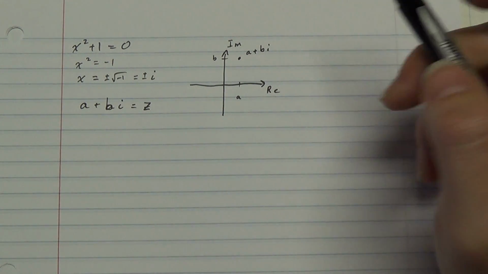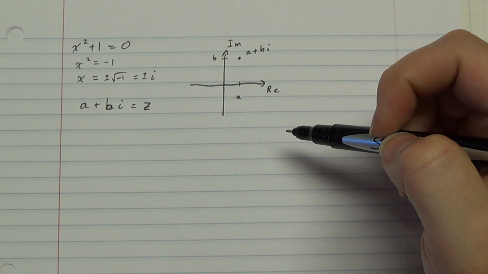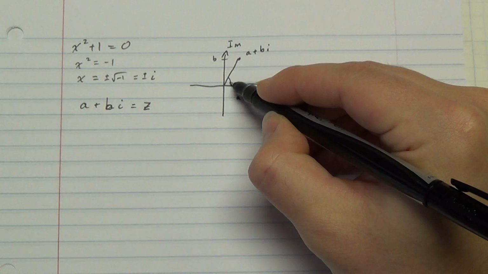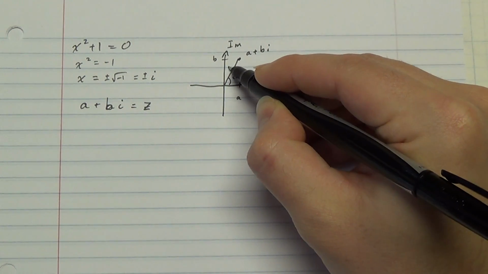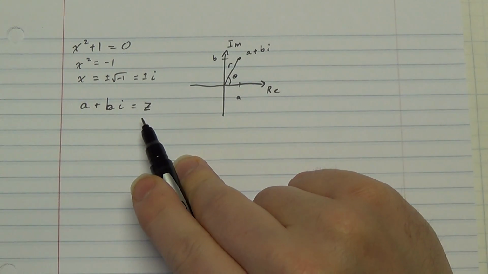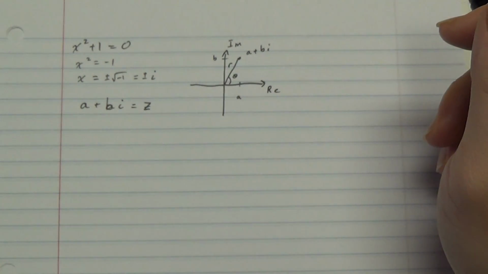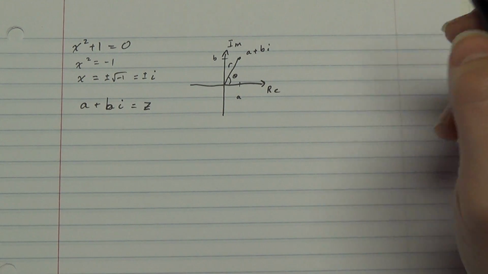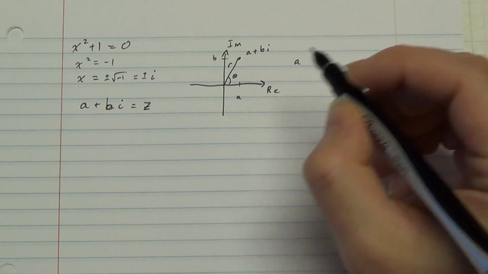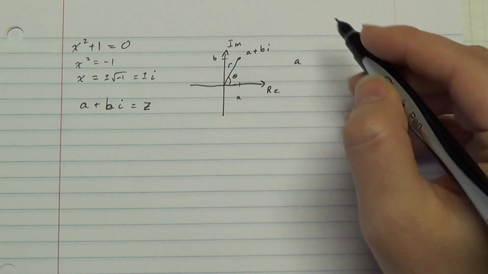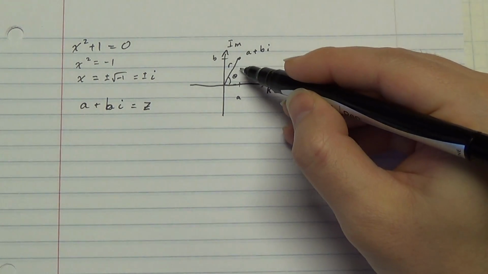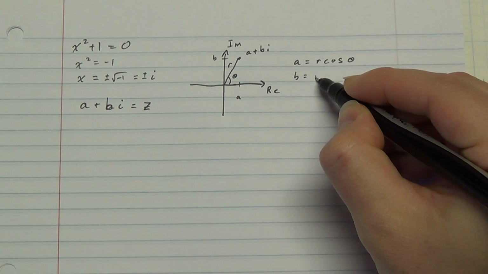Well, there's more than one way to put coordinates on a plane. You have the Cartesian coordinates, but there's also polar coordinates, theta and r. So how to write our complex number z using our polar coordinates theta and r? Well, we need to translate. A, this length here, is r cosine theta, and b, this length here, is r sine theta.